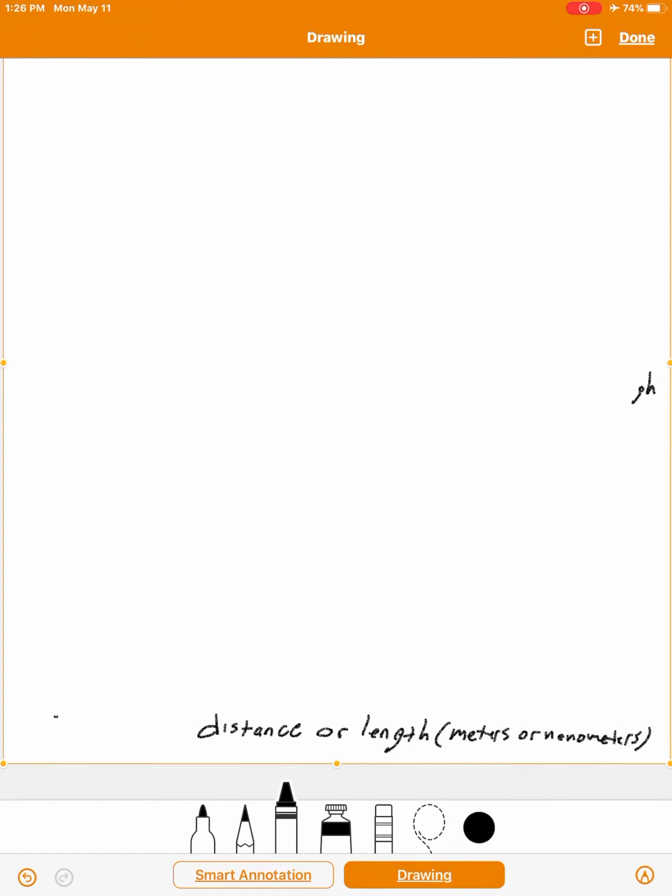I'm going to make the following claim: the wavelength times the frequency is equal to the speed of the wave. Remember, this wave is moving. So the symbol would be lambda for wavelength times frequency nu is equal to the speed.